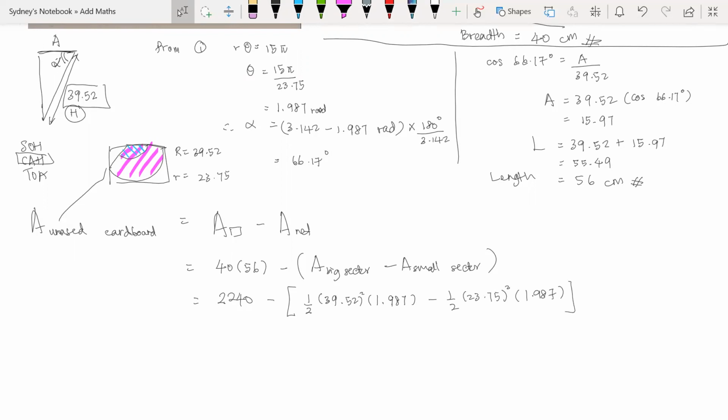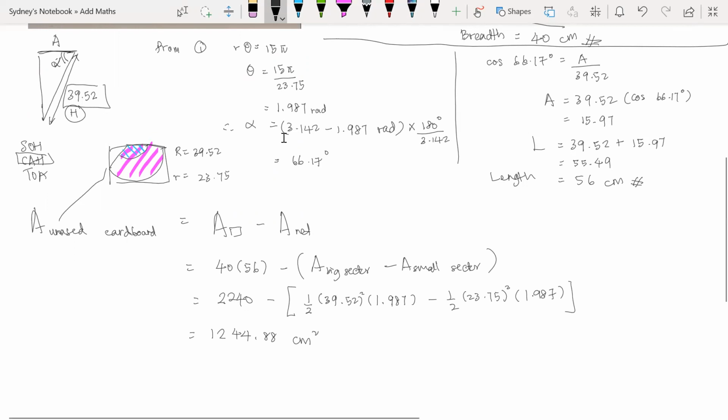Okay, so with this, by using the calculator, our answer will be 1,244.88 cm squared.